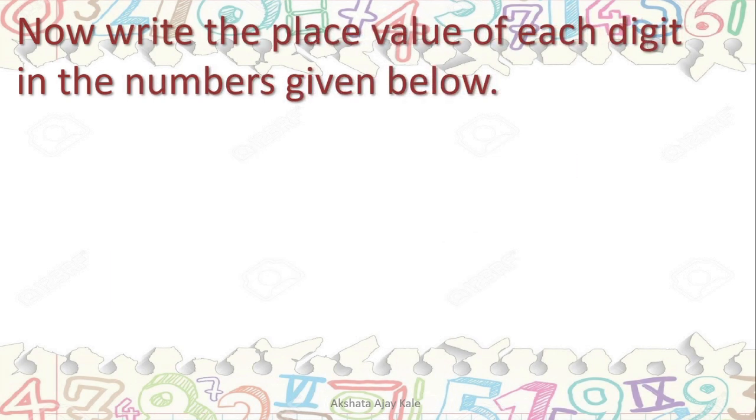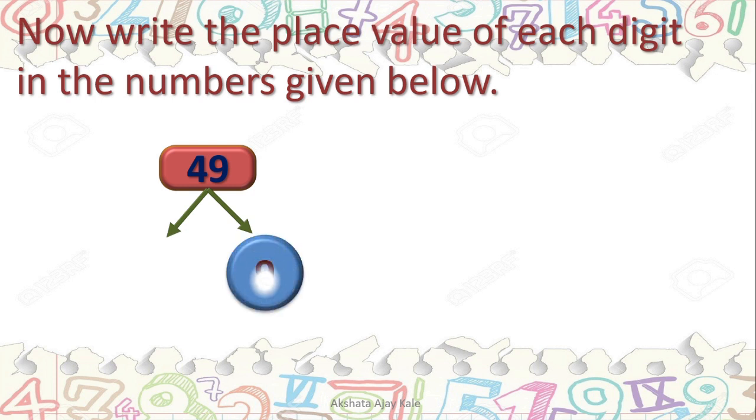Next number, 49. Again here 4 in tens place and 9 in unit place. The place value of 9 is 9, correct? And the place value of 4 is 40, right?